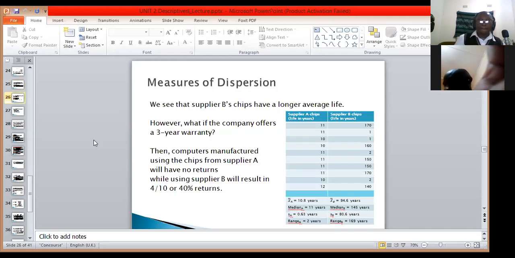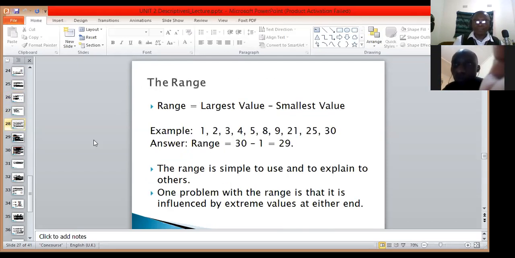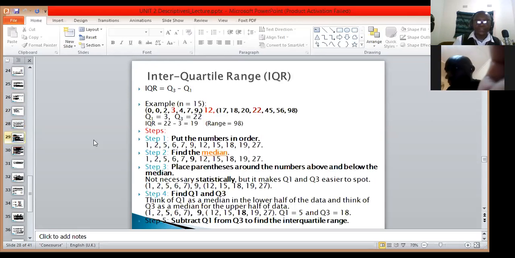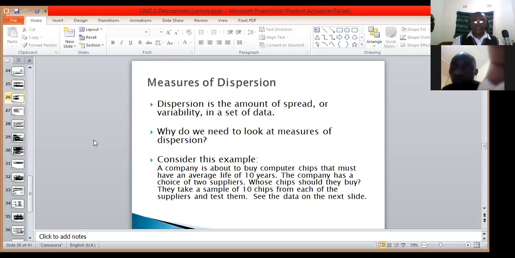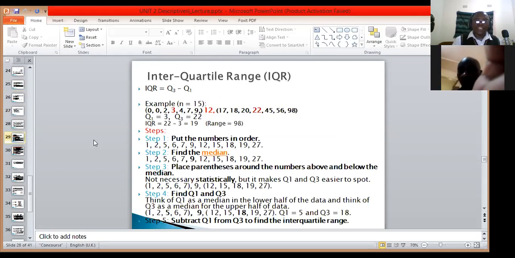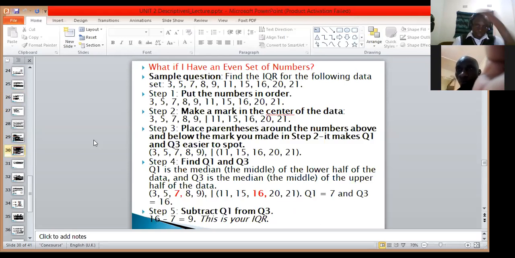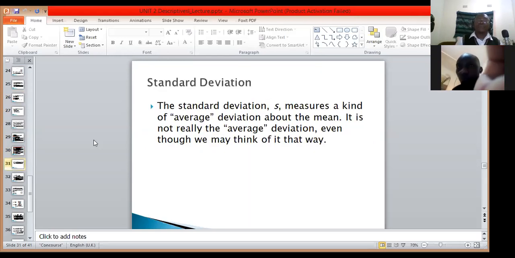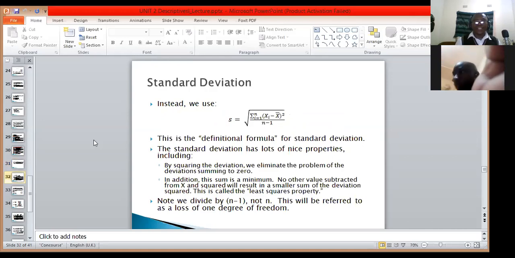If you look at the examples that are there, one of the measures of dispersion is the standard deviation. We want to see how far each data element is from the mean.